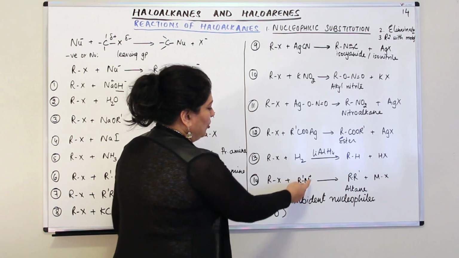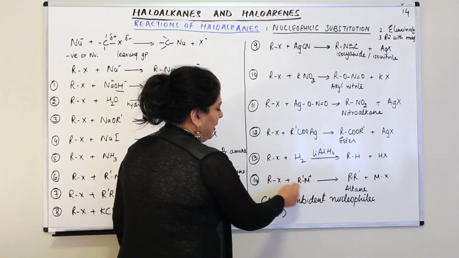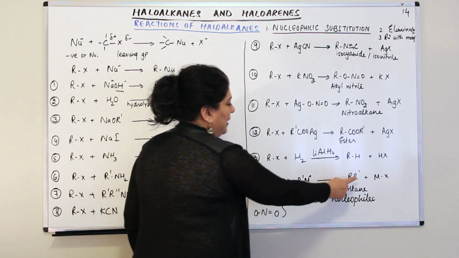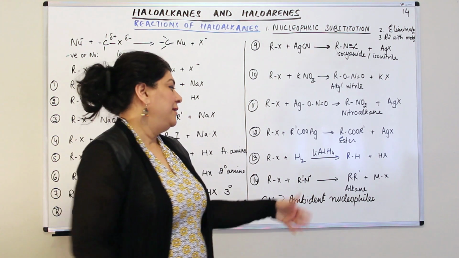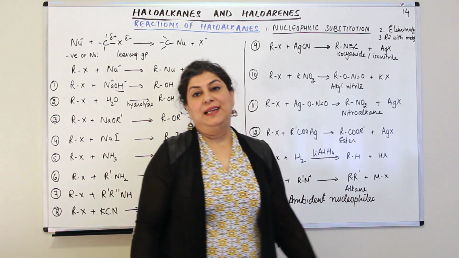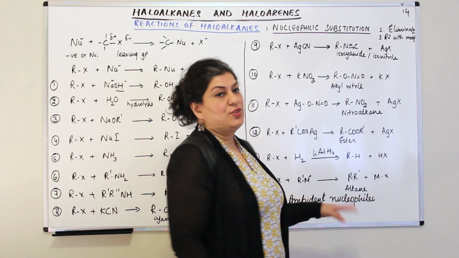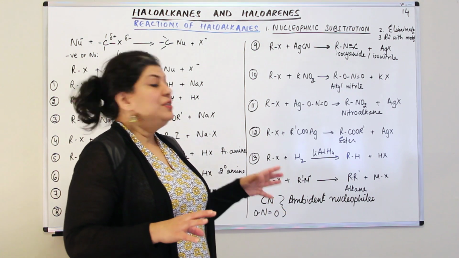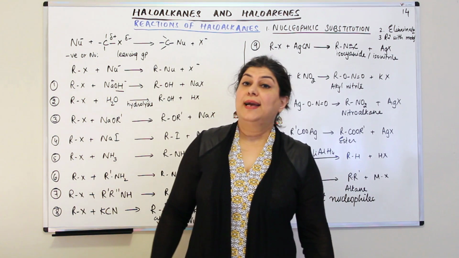So in this case also, the metal M positive will combine with X, and R dash would be negatively charged, so R and R dash will combine, and whenever you have two alkyl groups joining together, it results in the formation of an alkane or a hydrocarbon. And the metal will combine with X to form the metallic halide. So these were the different nucleophilic reactions that are shown by haloalkanes.